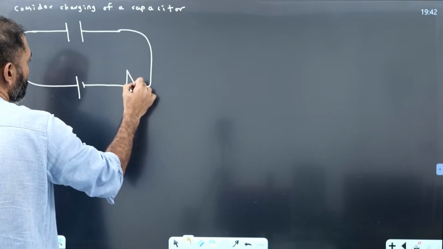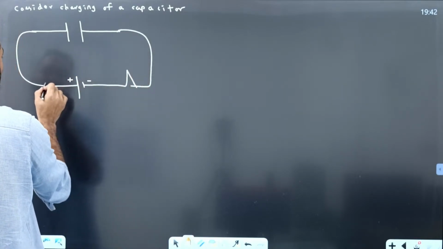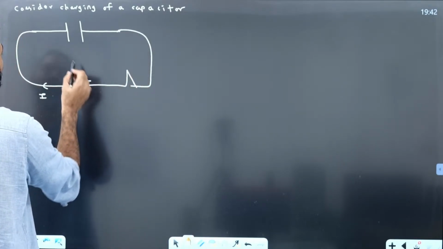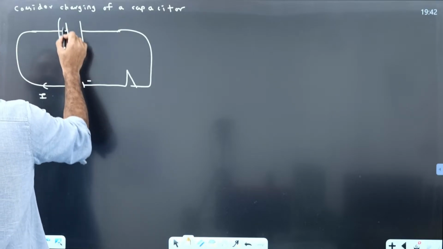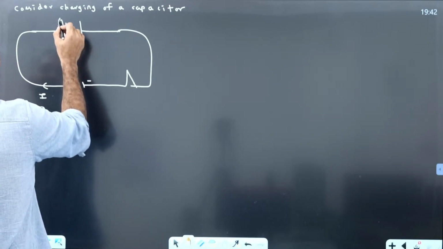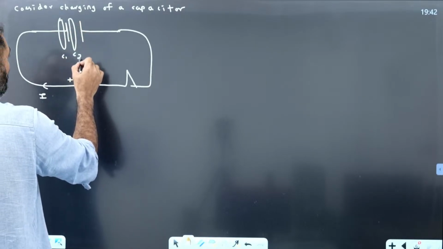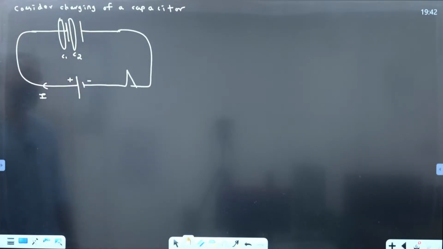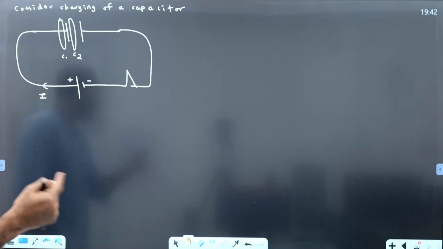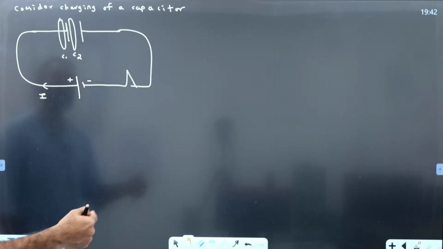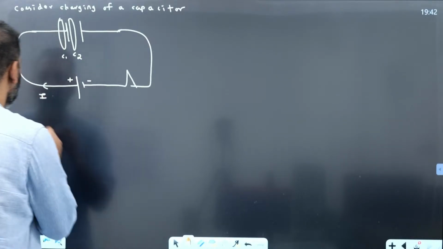When the switch is closed, there will be current flow. So I am considering closed path C1 just outside the capacitor plate and closed path C2 just inside the capacitor plate.